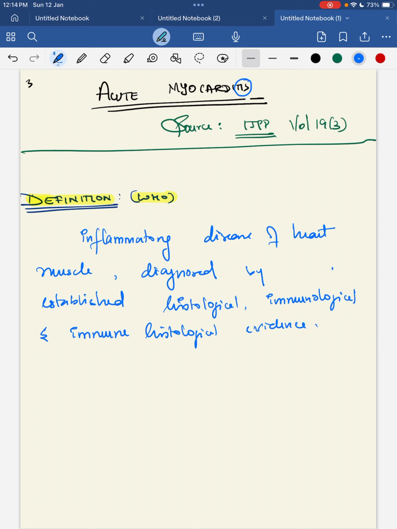Okay, so it is an inflammatory disease of your heart which is diagnosed by histological, immunological and immunohistological evidence.